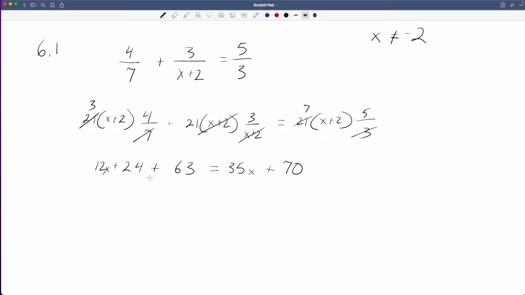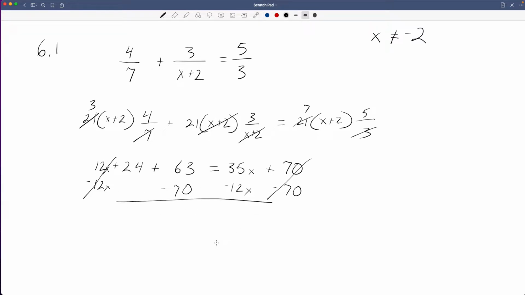So let us get all the x's on one side and all of the whole numbers on the other side. I'm going to move my x over here because this is the smaller number and I like to deal with a positive variable. That's just the way I like to roll. And that means I'm going to move 70 over to this side. So let's subtract 70 from this side. This is going to cancel and this is going to cancel.